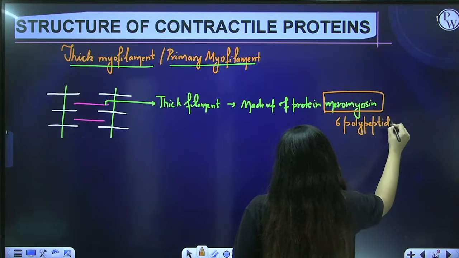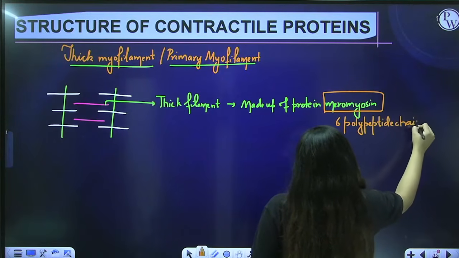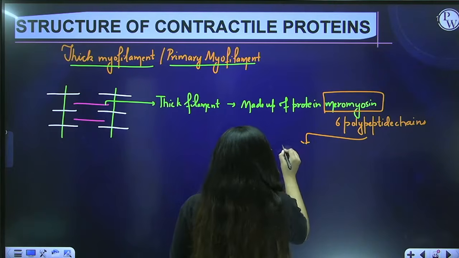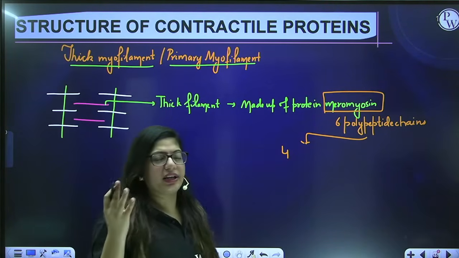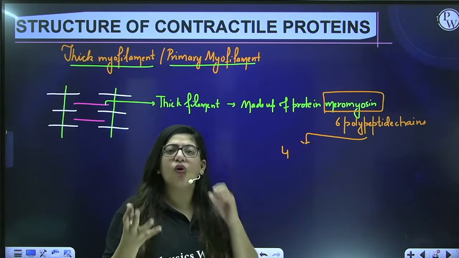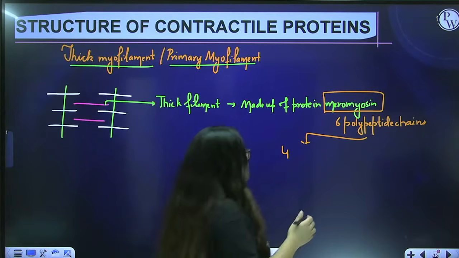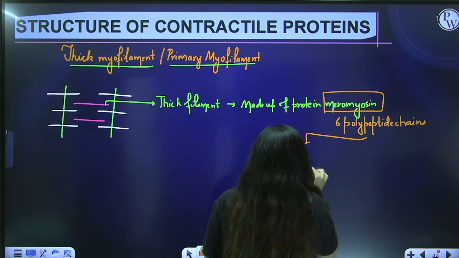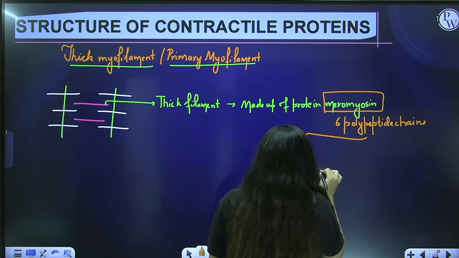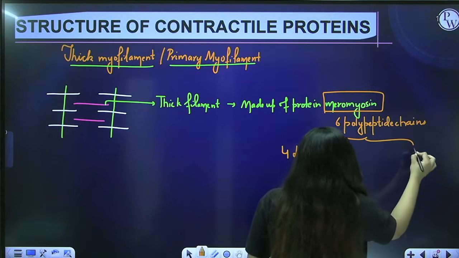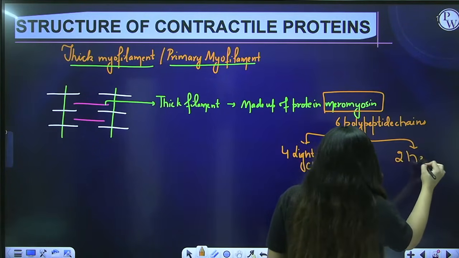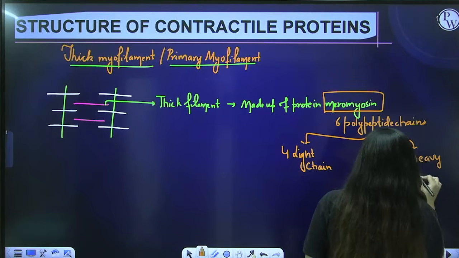Out of these 6 polypeptide chains, 4 polypeptide chains have low molecular weight, so you call them light chains. Whereas 2 heavy chains are there. They have more molecular weight, or they are heavier.